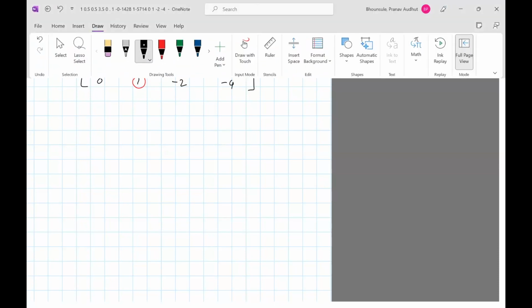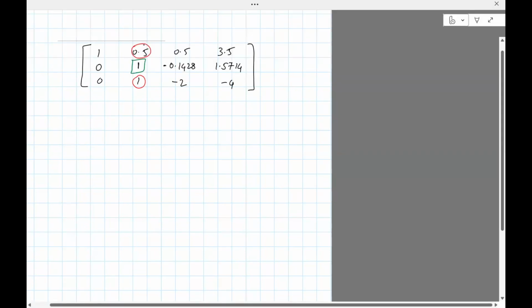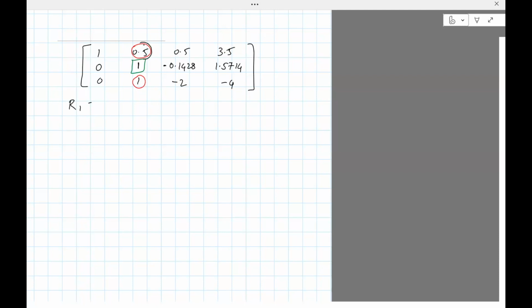In order to get a 0 in the first row, second column, it would be R1 equals R1 minus 0.5 row 2. And to get 0 in the third row, second column, it would be row 3 equals the old row 3 minus row 2.